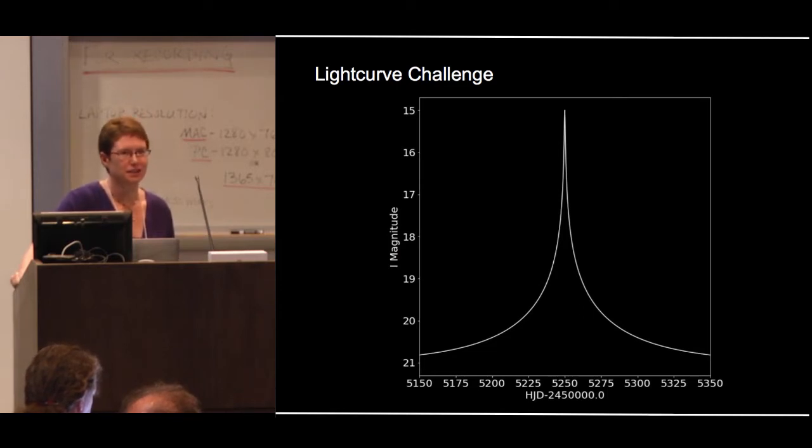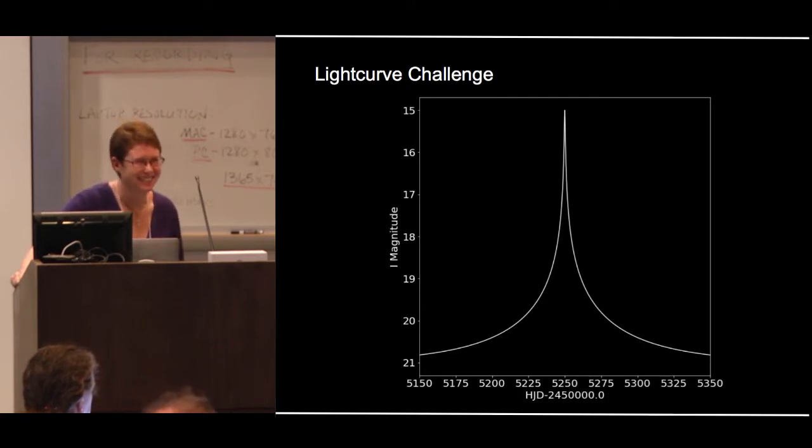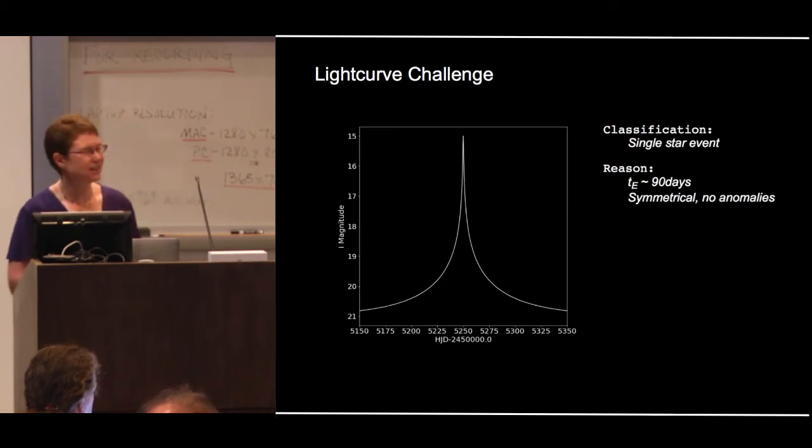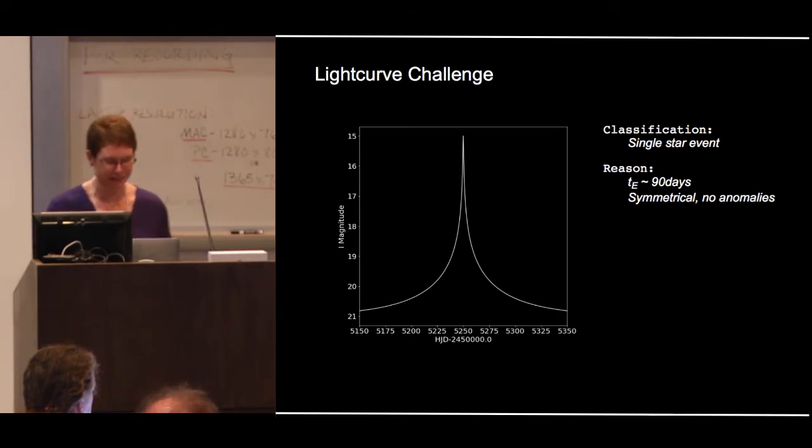Hands up first, single lens. Okay, stellar binary? Planetary binary? Oh, good. Very good. Simple, nice, symmetrical curve. The t_E is relatively long time scale. Yes, that's a classic single lens curve.